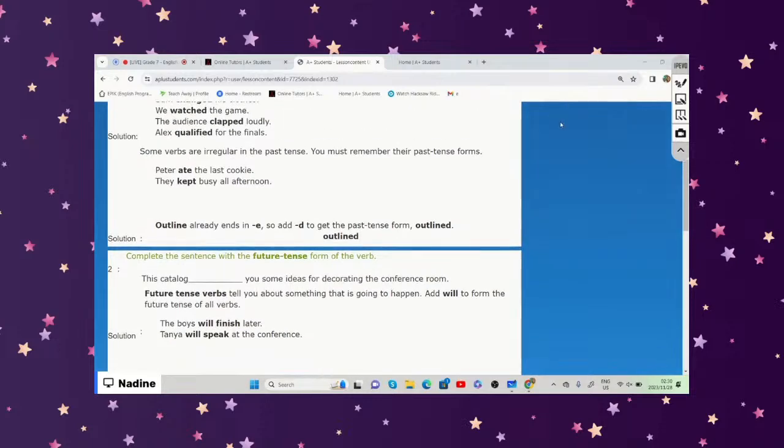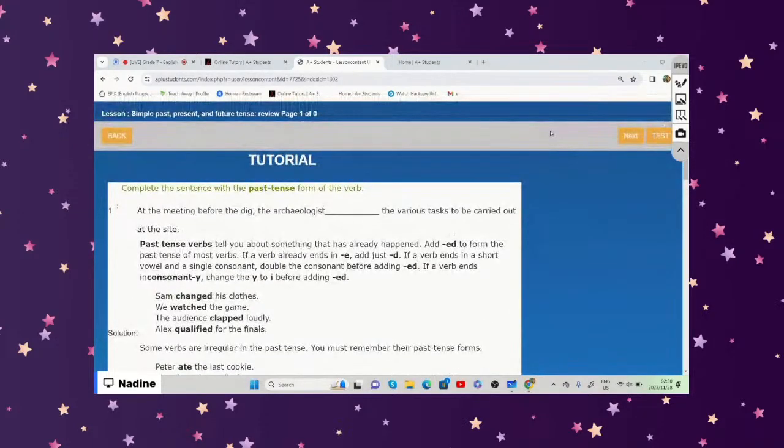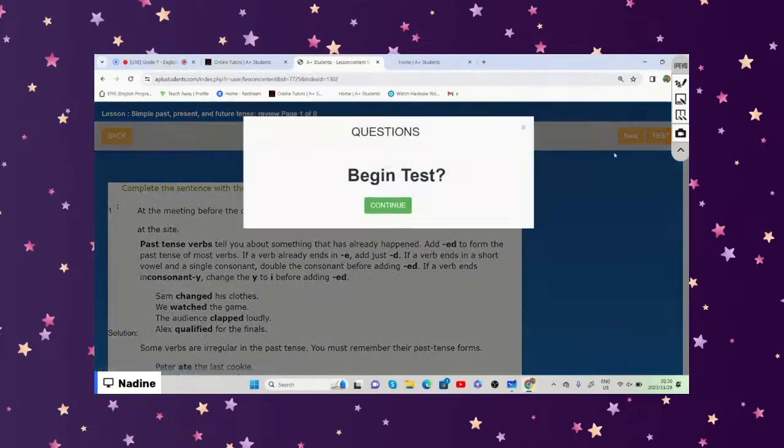And that is the simple past, present, and future tense, right? So now let's go to our test. So we're going on to a test on simple past, present, and future tense.